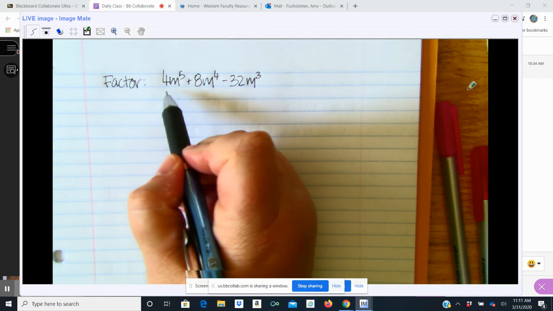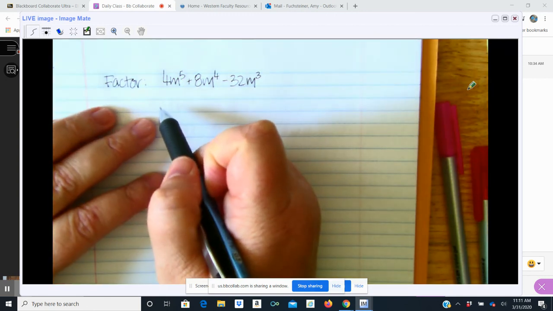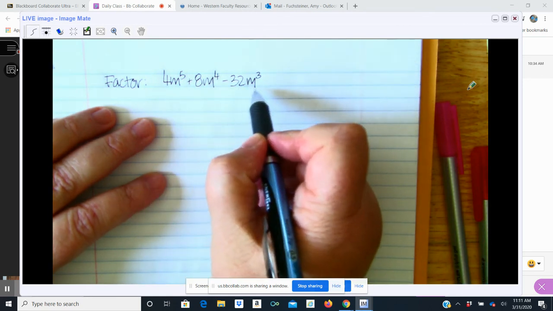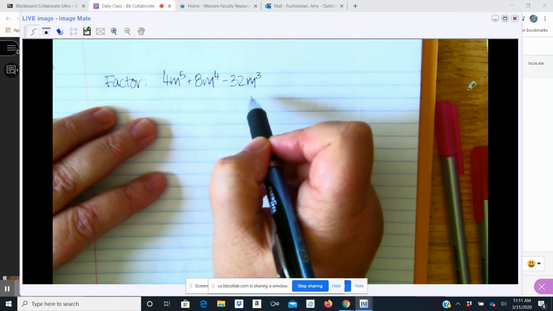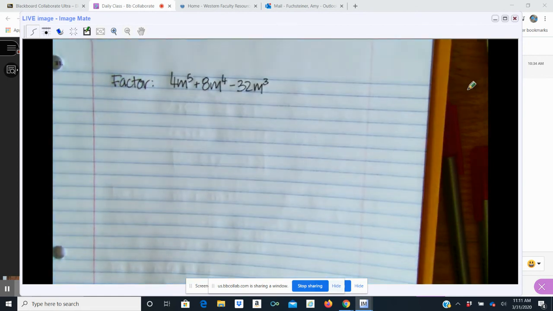The 4 is a clue, but only for today. Tomorrow, the 4 probably won't be a clue. I would say probably a large clue is the fact that this is not a constant term, right? It's not a constant term.